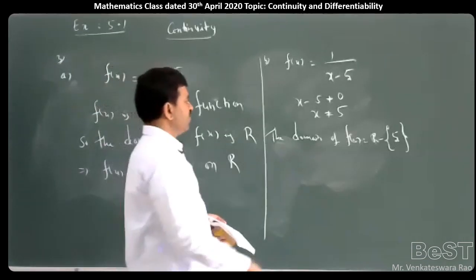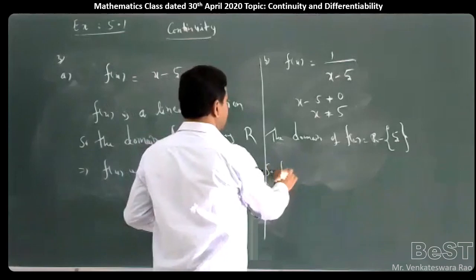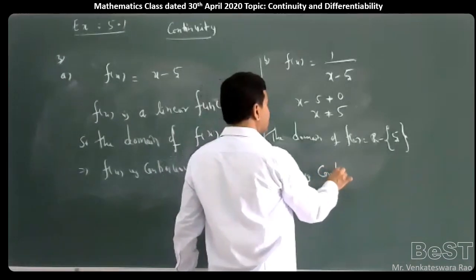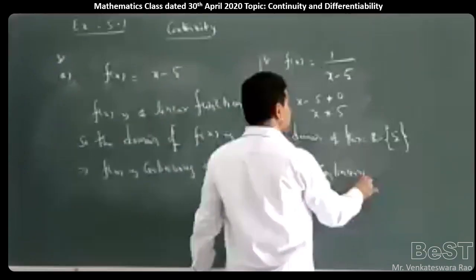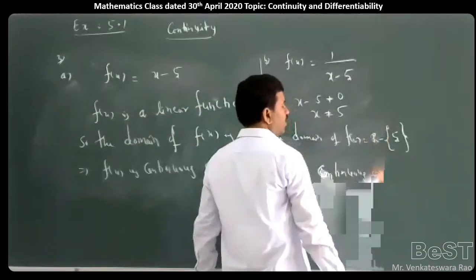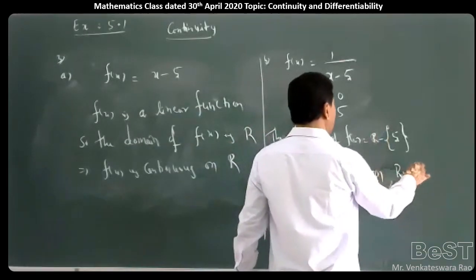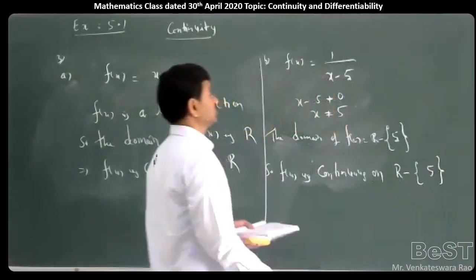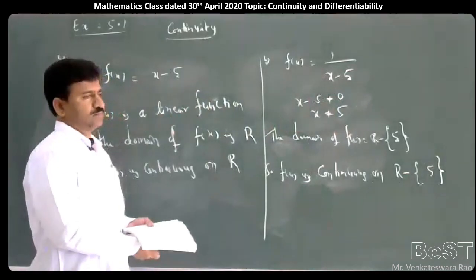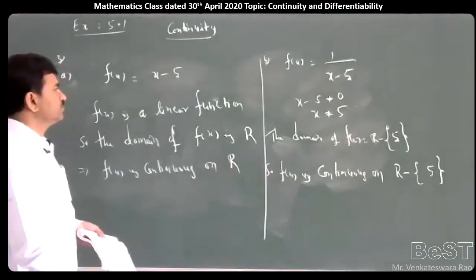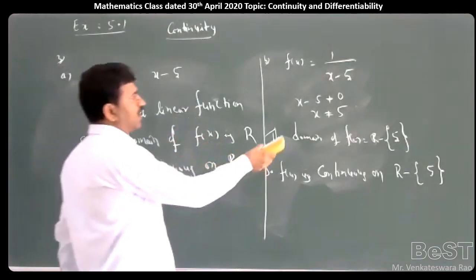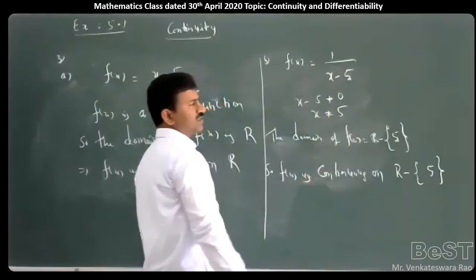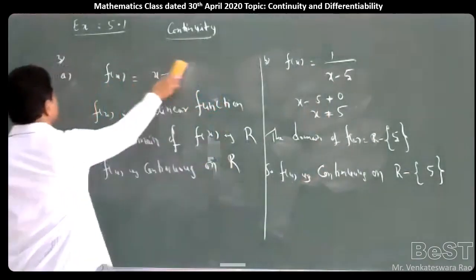So f of x is continuous on R minus {5}. No objection. Only the graph will be disconnected at the point x is equal to 5. Remaining, you will get a straight line.